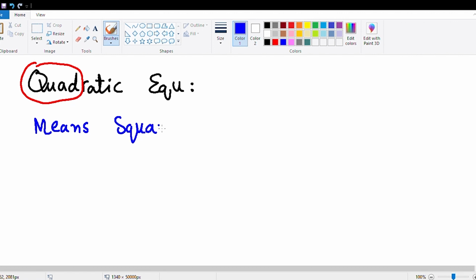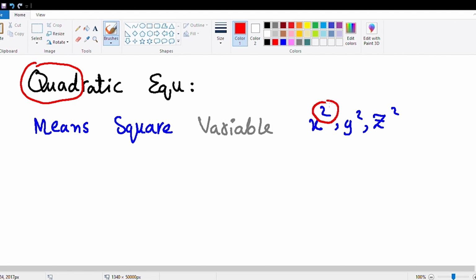And you might be wondering, square of what? Square of the variable. I just told you variables are like x, y, z. So you'll have something like x squared or y squared or z squared in the equation, because that is what makes it a quadratic equation.